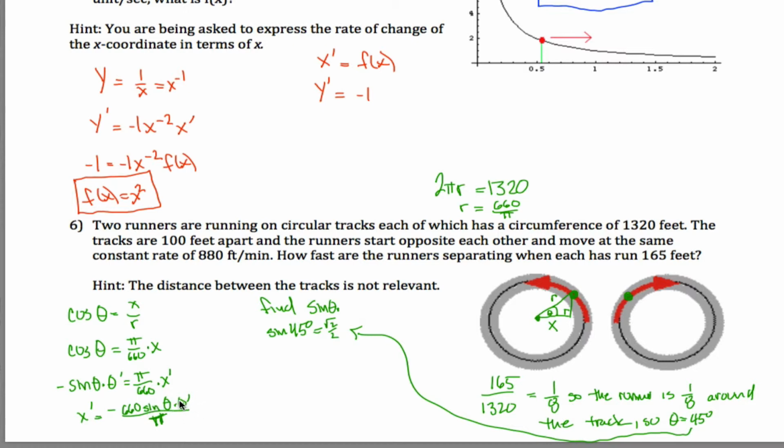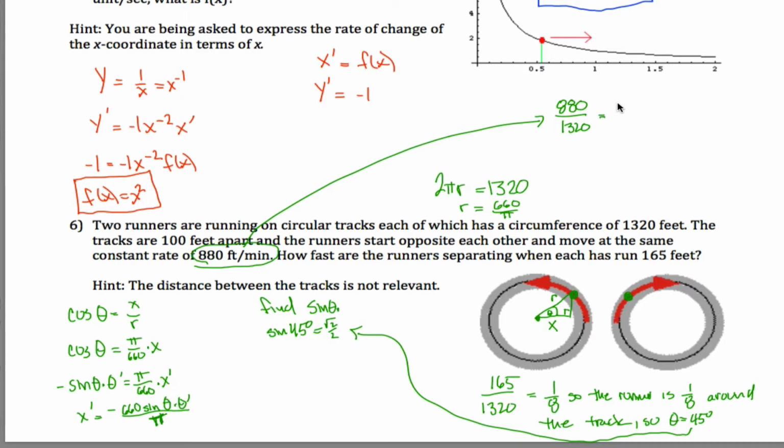What about theta prime? Well, let's see. Each move at the constant rate of 880 feet per minute. So if they're going 880 feet per minute, maybe I'll write this up here. So they're doing 880 of the 1320 per minute. So 880 of the 1320, I bet that reduces really nicely.